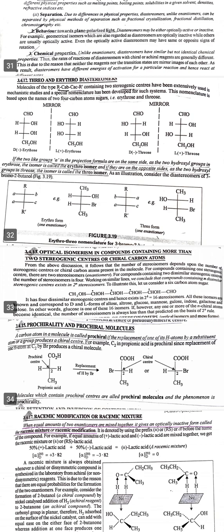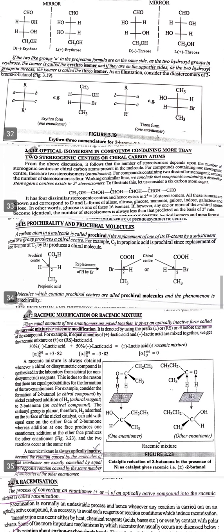If the two like groups A in the projection formula are on the same side as the two hydroxyl groups in erythrose, the isomer is called the erythro isomer, and if they are on the opposite side of the hydroxyl groups in threose, it is called the threo isomer.